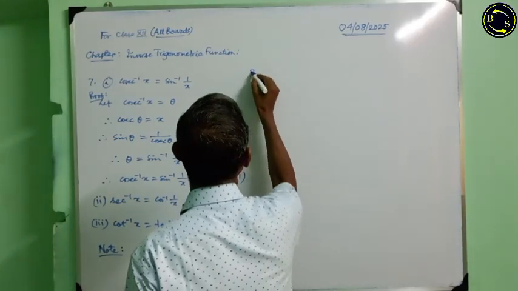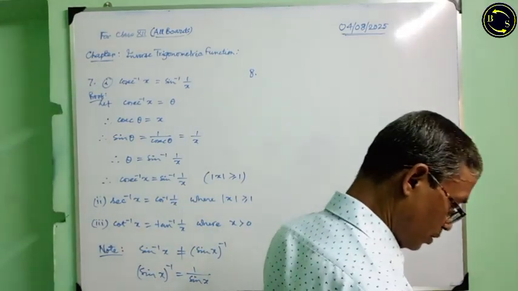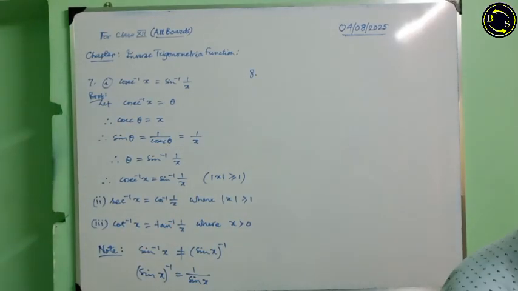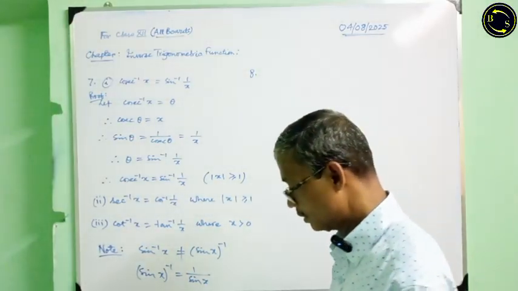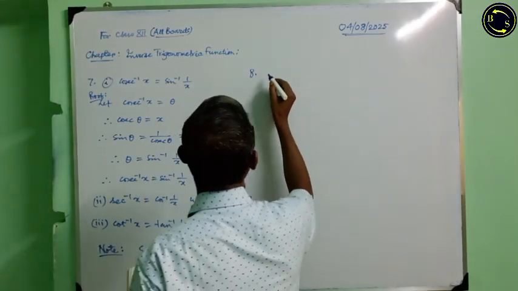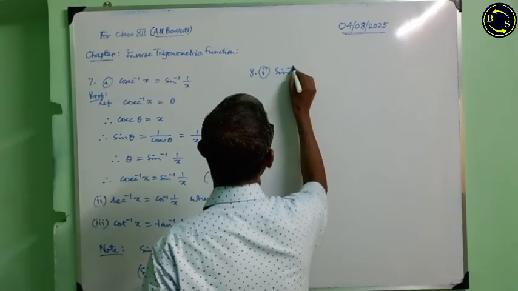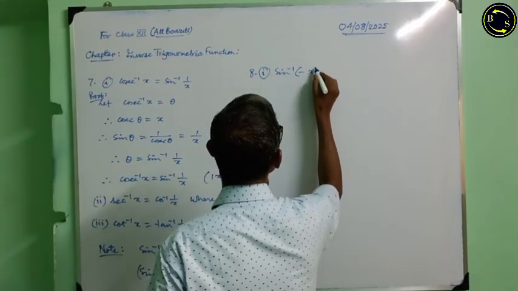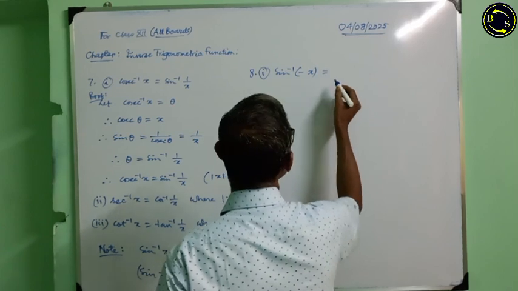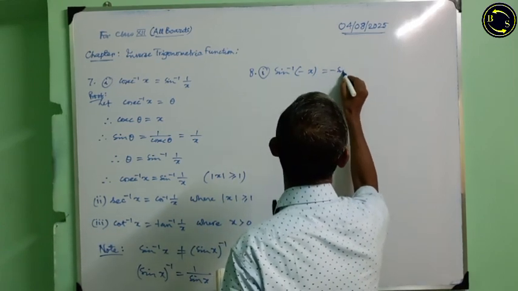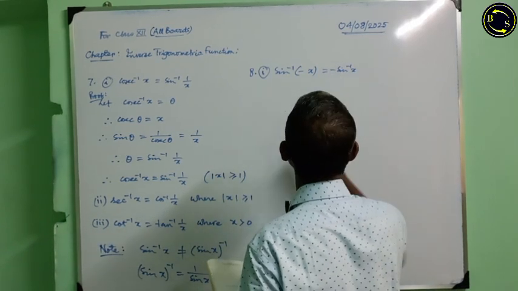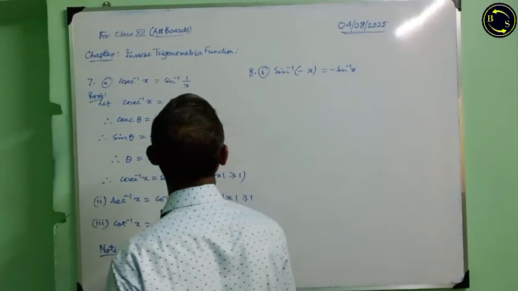I call it number 8. Sin inverse minus x, that is equal to minus sin inverse x. Let me prove that.